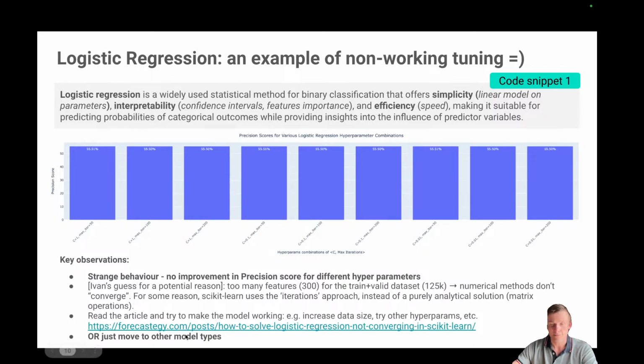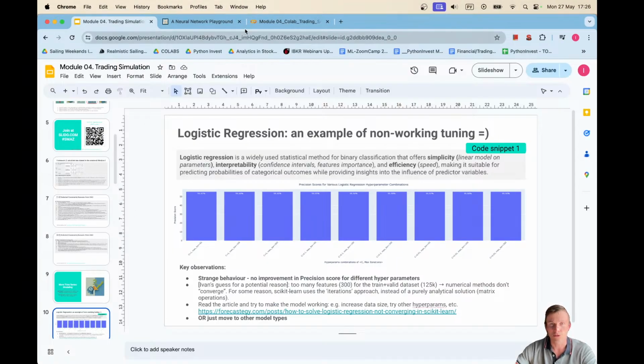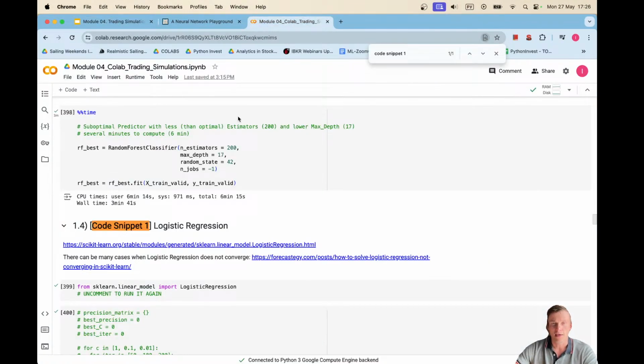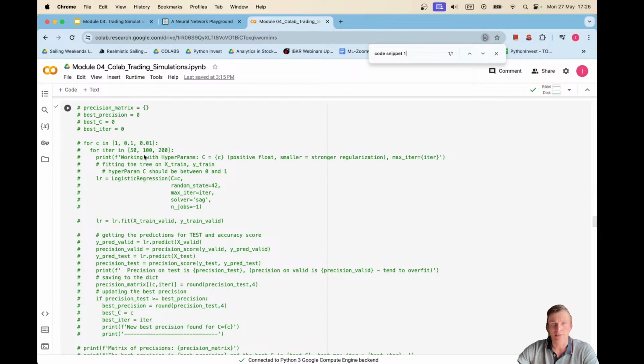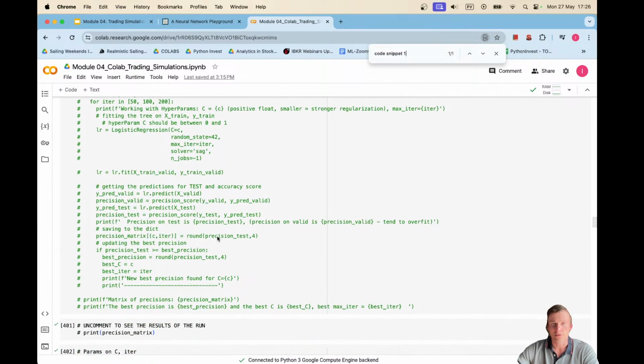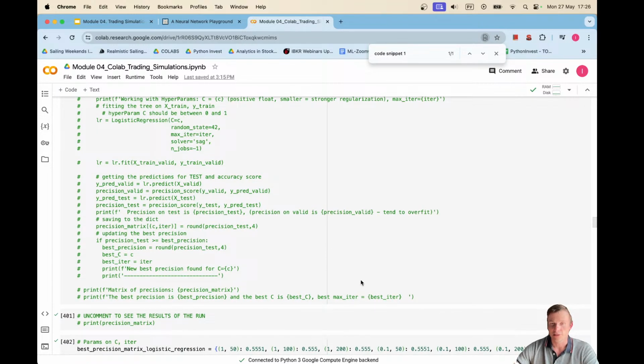In our case, I want to show the first code snippet, and it actually comes later after the more successful models, and it is commented here, so if you uncomment it and run it, you may need to wait for 30 minutes until it finishes. That's why I ran it once.